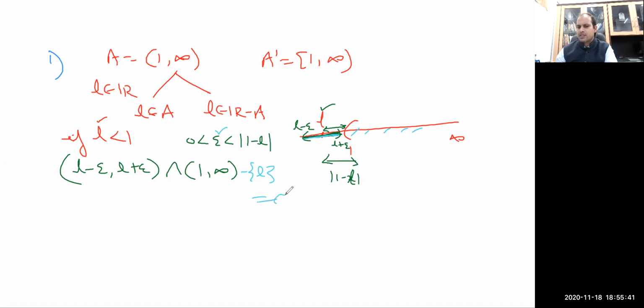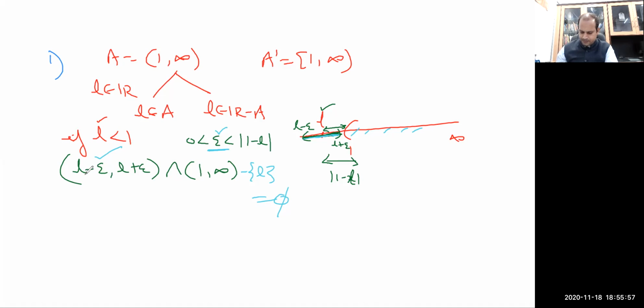So clearly this one is empty. For this particular epsilon, we have constructed a neighborhood whose intersection with the open interval 1 to infinity is empty. So this shows that no real number less than 1 is going to be its limit.